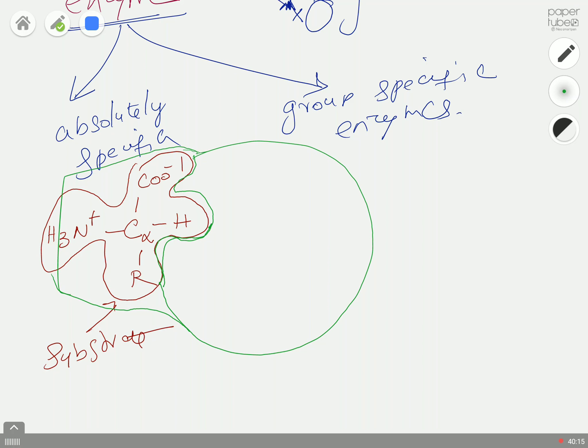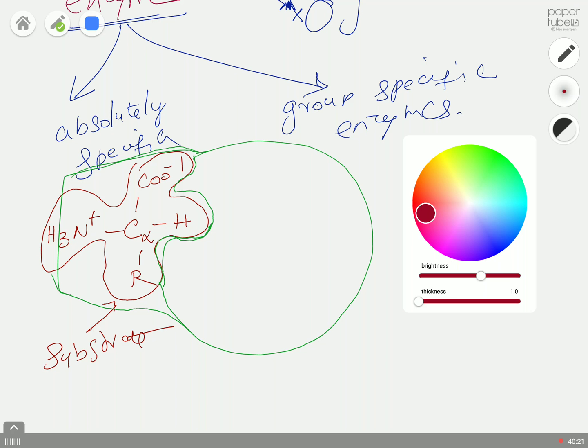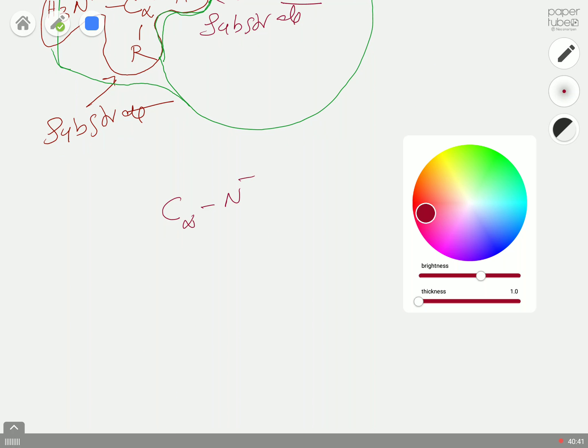So whatever green color line you see, that is your enzyme, and the other one, the red color one, this one is your substrate. And you take the other one. I'll try to draw it. This is very tough for me to draw.